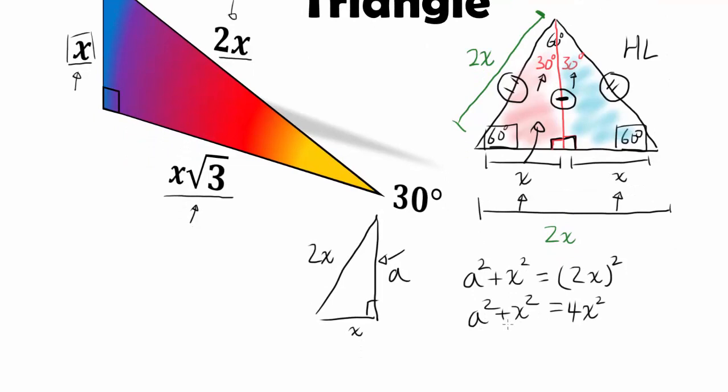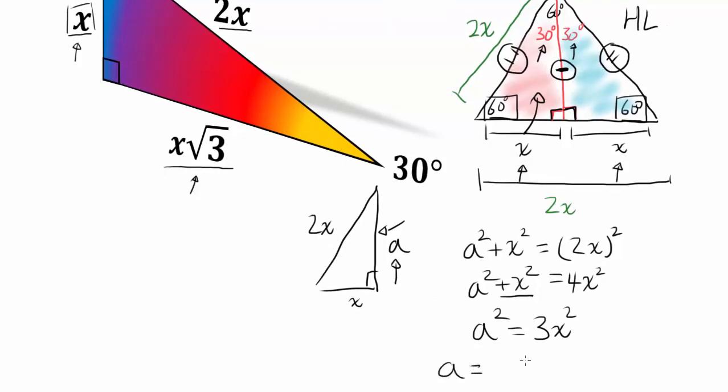Rearranging this, subtracting x squared gets us a squared is equal to 3x squared, and we want to find a, so you take the square root of both sides, plus or minus square root of 3, and taking the square root of x squared gets you x. Since side length a has to be positive, you can disregard the negative sign, so a is equal to x times square root of 3.